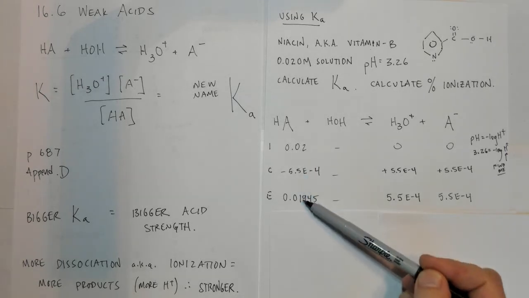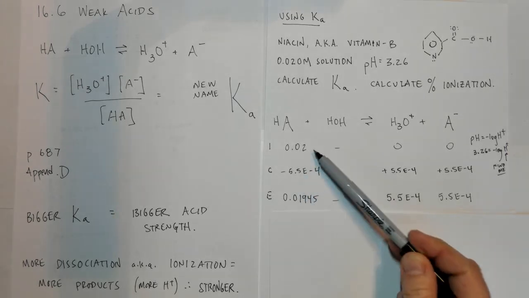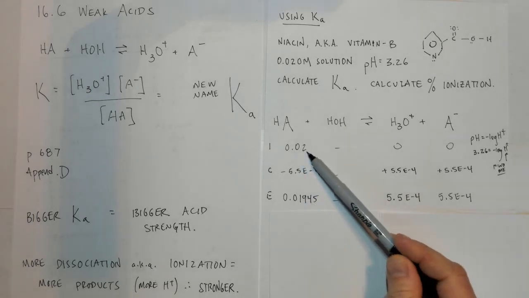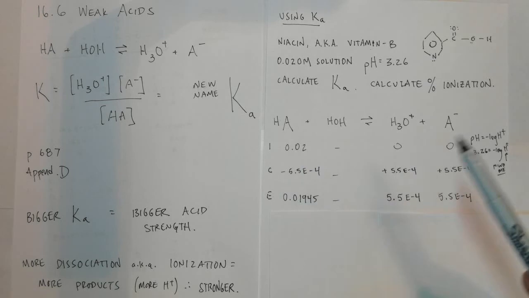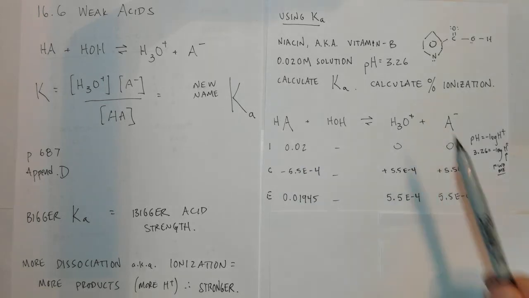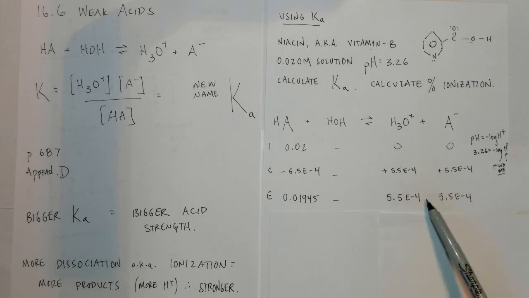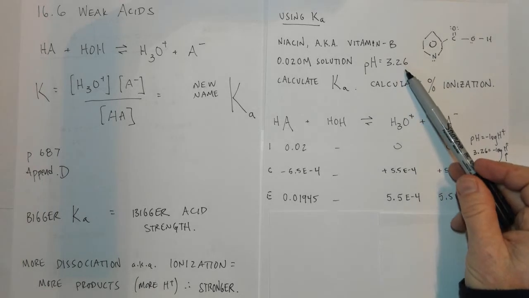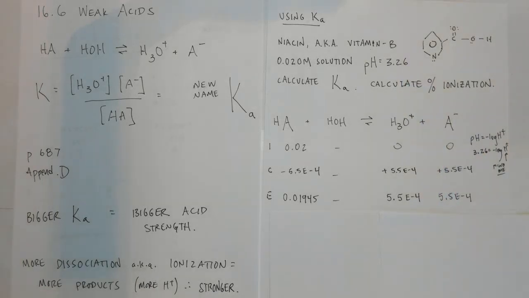You'll notice that both these concentrations are pretty close. This is 0.019 and this is 0.02. That means very little went over here to form the H3O plus. It turns out this little bit makes a big difference because it makes the pH be 3.26. Anyway, back to the problem.